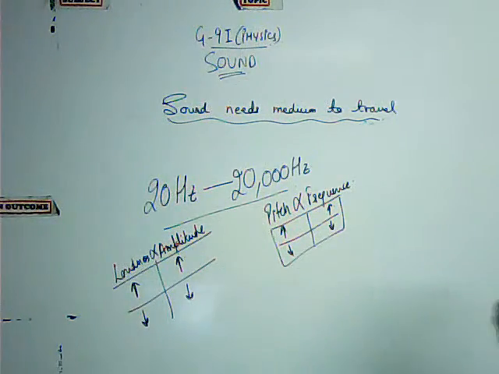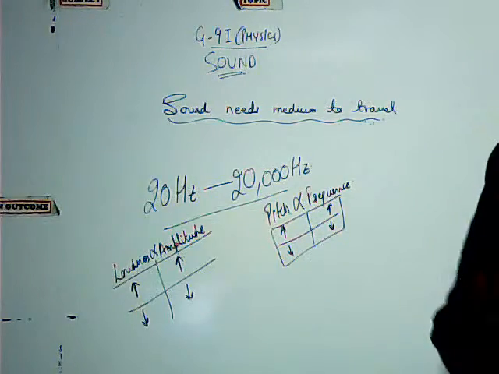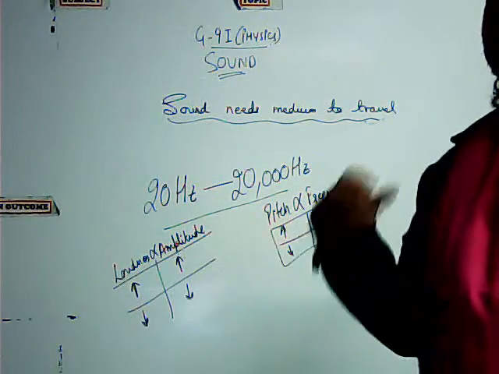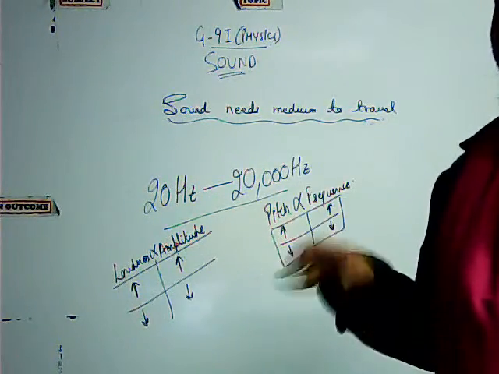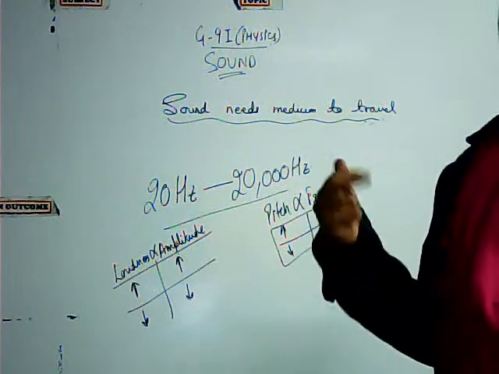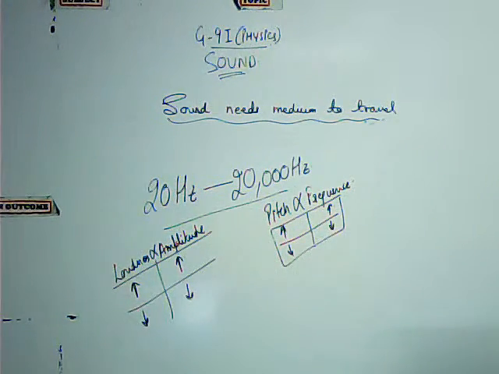Fine. Loudness, you can very well relate to this. Loud means voice is loud or voice is low. That depends upon amplitude is high or amplitude is low. Amplitude क्या होता है? How much high the crust is.